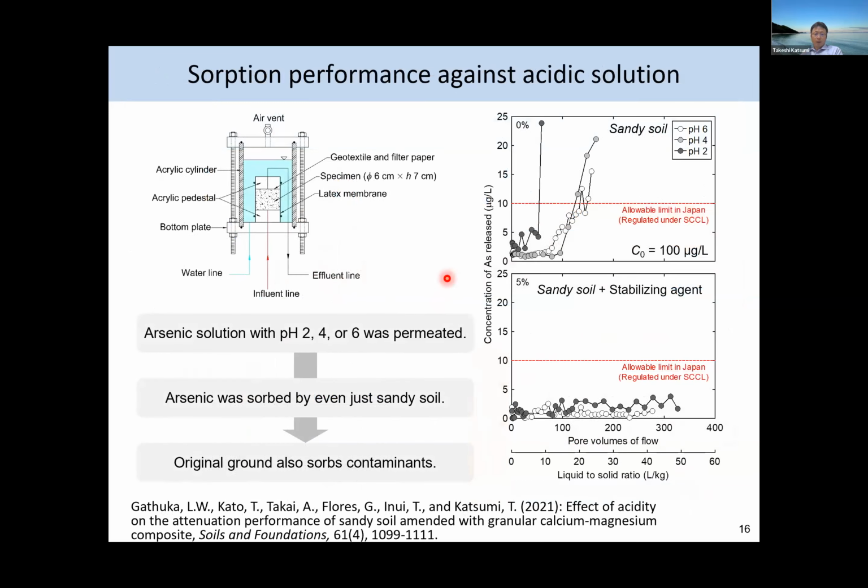And this is one example of the sorption performance against acidic conditions. As I mentioned, some soils and rocks will change to acidic conditions. So for our test, we prepared arsenic simulated leachate with pH values of 2, 4, and 6.